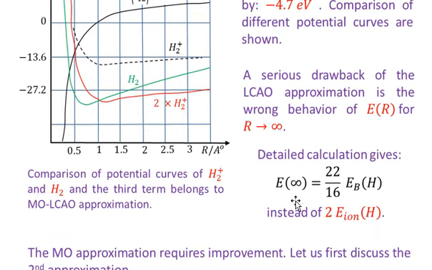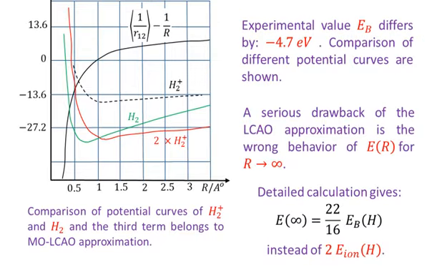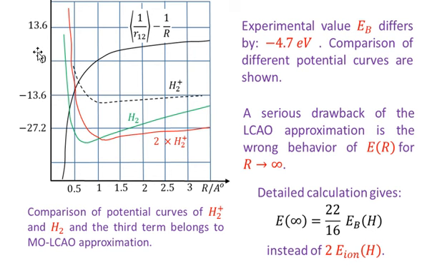Detailed calculations give that E at R going to infinity is equal to 22.16 times the binding energy of the atomic hydrogen atom, and the binding energy of the hydrogen atom is 13.6 electron volt.